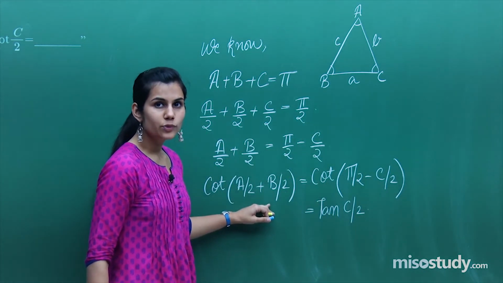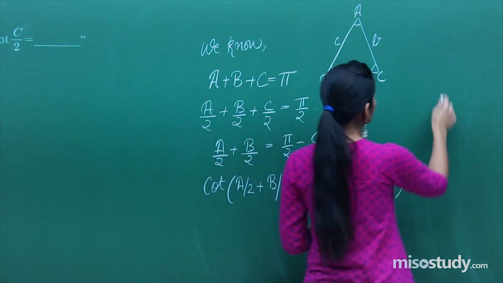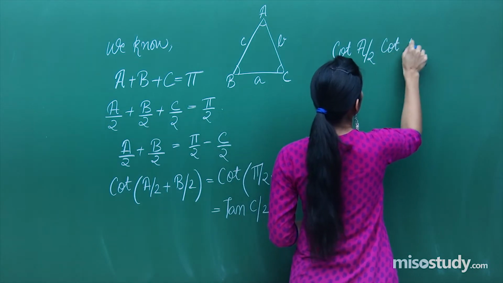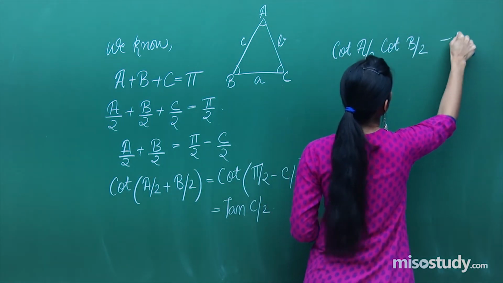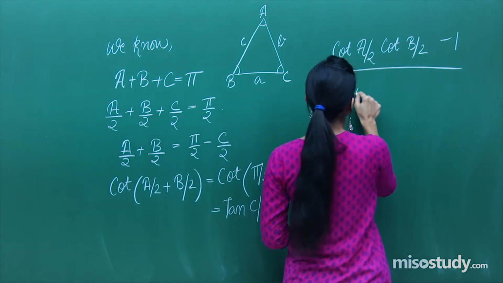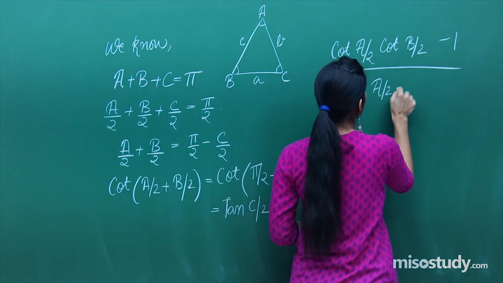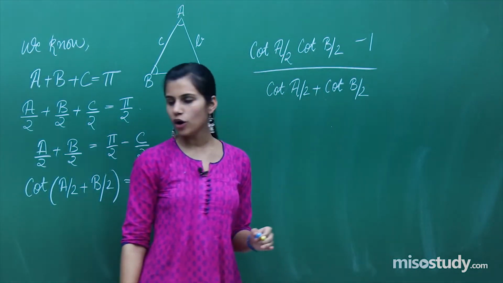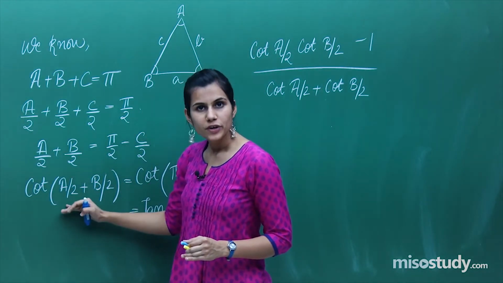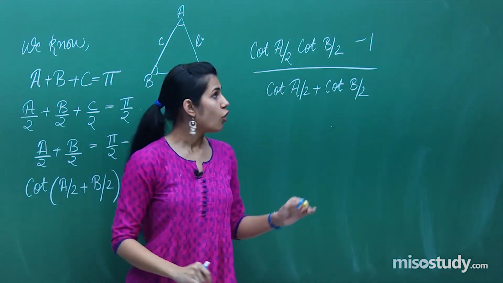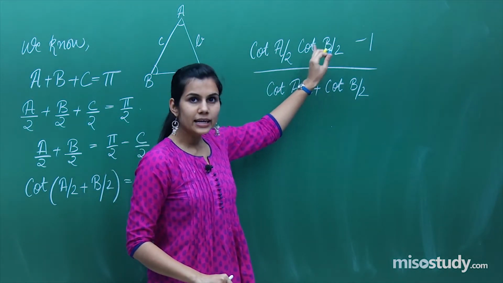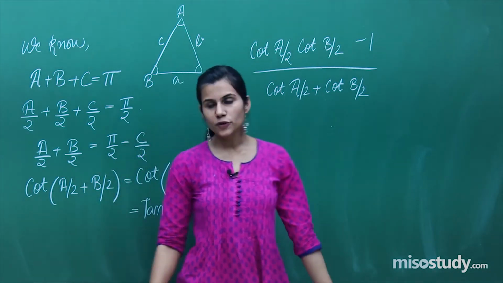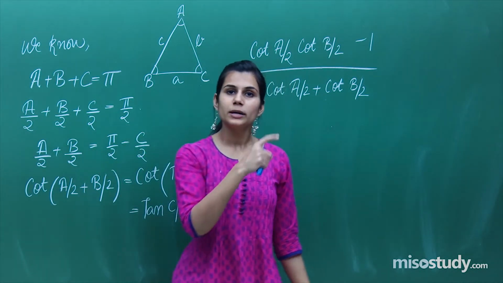Cot A, cot B minus 1 upon cot A plus cot B. So you have cot A by 2, cot B by 2 minus 1 upon cot A by 2 plus cot B by 2. I just use the formula of cot of first angle plus second angle is cot of the first angle into cot of the second angle minus 1 upon cot of the first angle plus cot of second angle. Everything is in terms of cot, so I can write tan C by 2 as 1 upon cot C by 2.